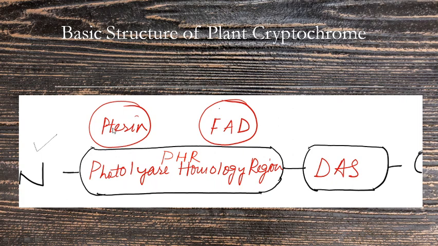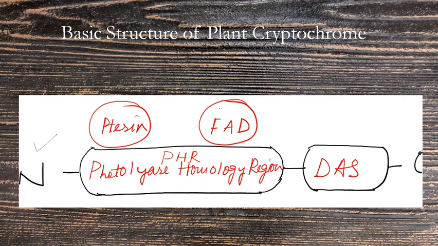That is, the N-terminal region acts as a light sensory part and the C-terminal region acts as a portion which transduces the particular signal by interacting with other protein molecules known as E3 ubiquitin ligase, COP1, etc. So we must understand the basic structure of this plant cryptochrome.